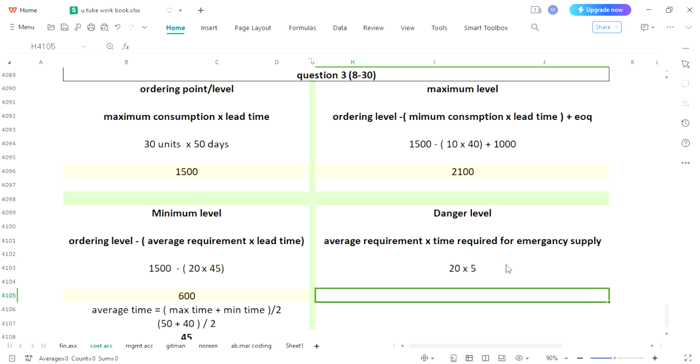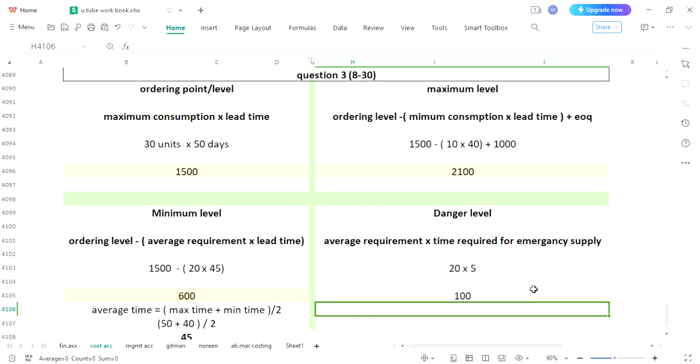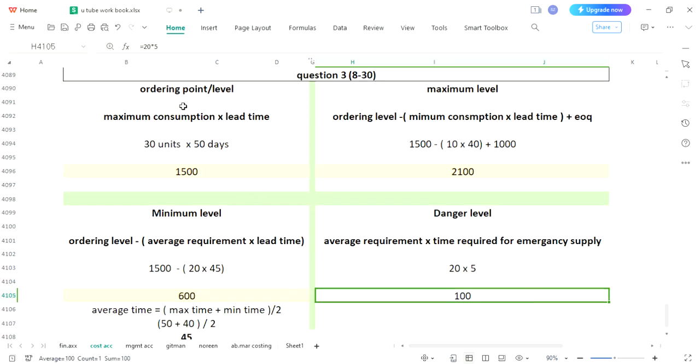And now put it on the calculator. 20 multiplied by 5, we have 100. And the last part was danger limit, and it is 100 units. So we have calculated our fourth statement as well. Let's review all of the answers.